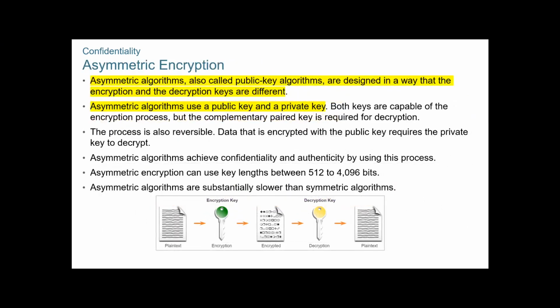And then the asymmetric algorithms, public key, is when we have an encryption key, and then we also have a decryption key that's going to be different. So you're using confidentiality and authenticity when you use asymmetric encryption. Longer key lengths, slower, of course.